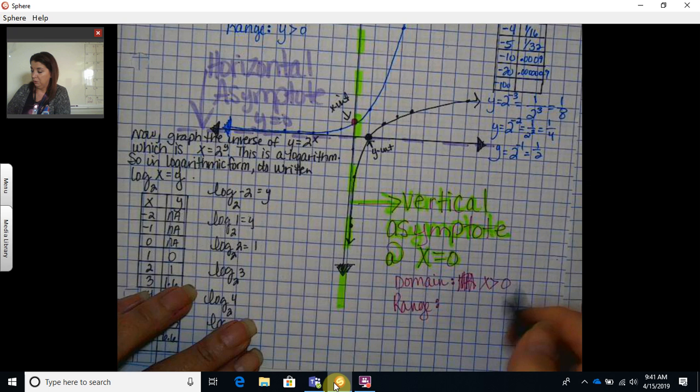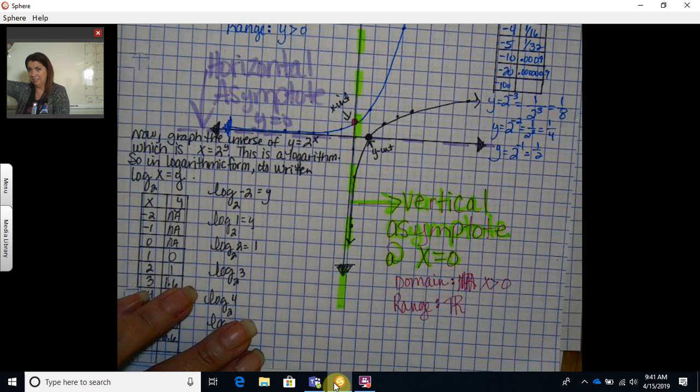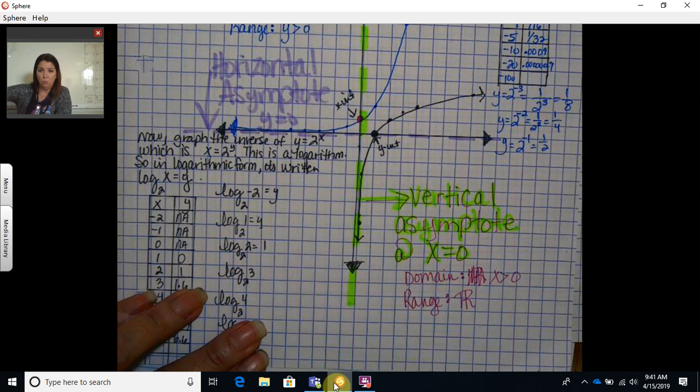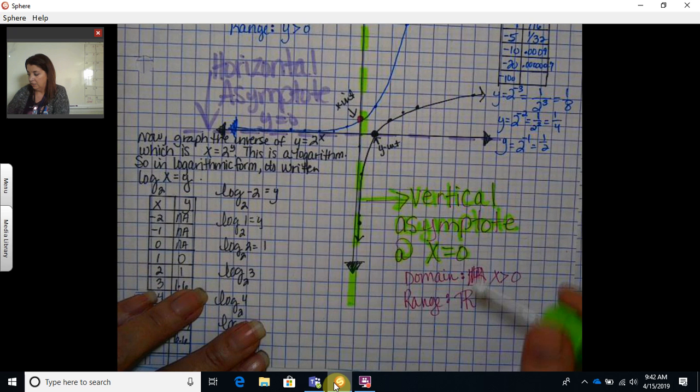Yes, they're inverses of each other, right? Everything's flipped around. That's not an appropriate math term, by the way. There's also one thing to note. What do you notice about the graph of the exponential compared to the graph of the logarithm? Can anybody give me a math word that would describe them comparatively?